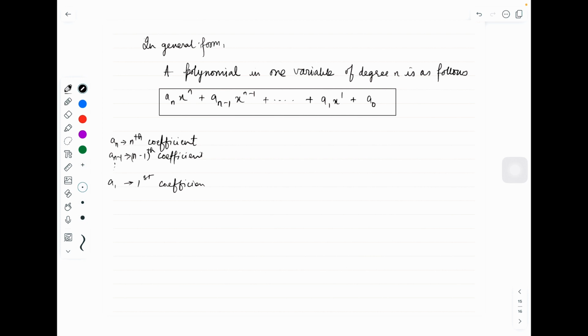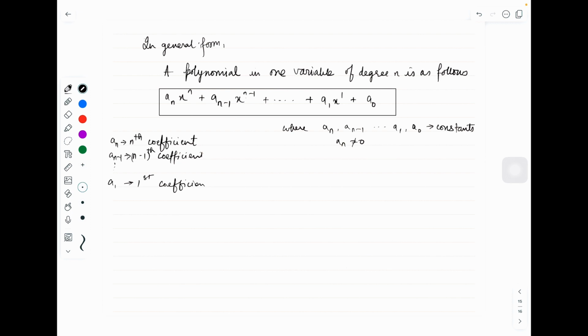This is the general form: an x to the power n plus an minus 1 x to the power n minus 1, and so on, where an minus 1, a1, a0 are constants, and an cannot be equal to 0. This is the nth degree, and the general form of an nth degree polynomial in one variable is this.